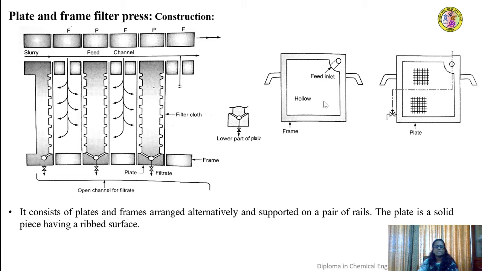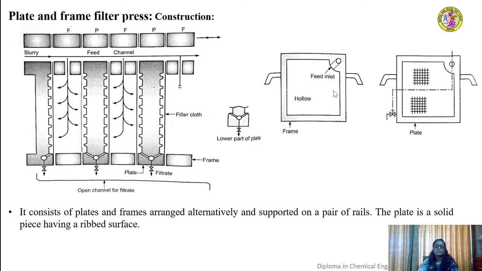The plate is a solid piece having a ribbed surface, whereas the frame is hollow, it has a hollow space inside, except for the rectangular frame. So usually the cross section of the plates and frames will be rectangular or square.